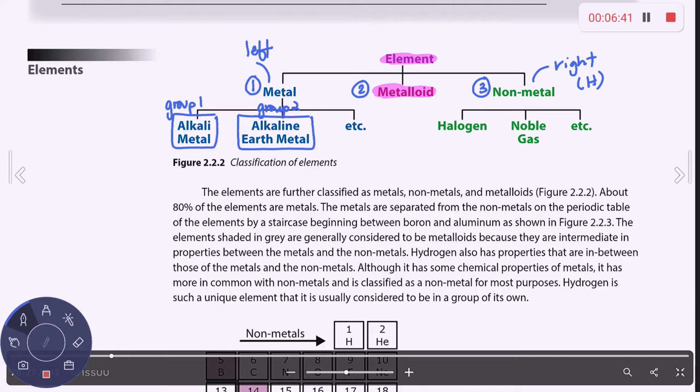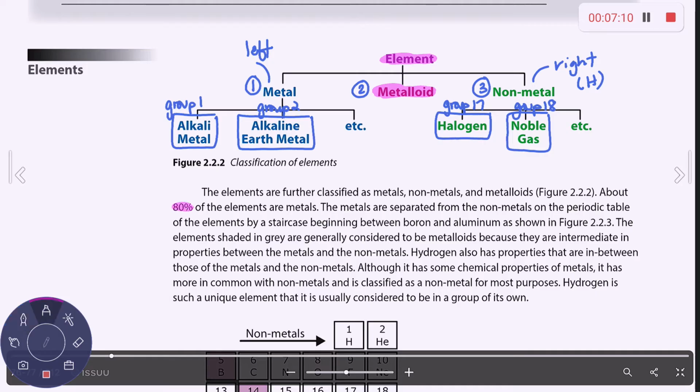And then on the right-hand side of the periodic table, we have a group called the halogens and a group called the noble gases. So the current numbering system for the periodic table has a 17 above the halogens, and then there is an 18 above the noble gases. Okay, all of the other groups are just referred to by number 1 through 18. There's a new numbering system and an old numbering system, and I'll go over that in a little bit.